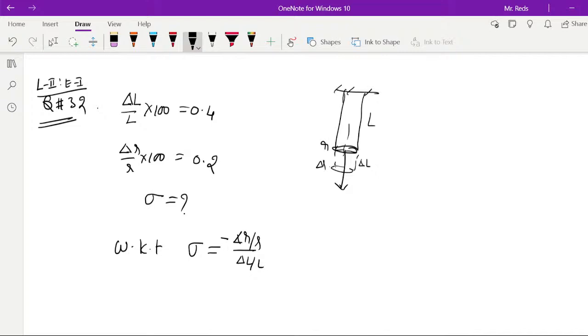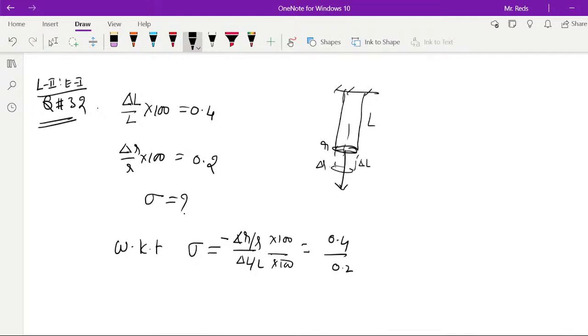But if you want, you can take only the numerical value. If you multiply both numerator and denominator by 100, you get the percentage changes. Those values are given here. Without a sign we are considering here.